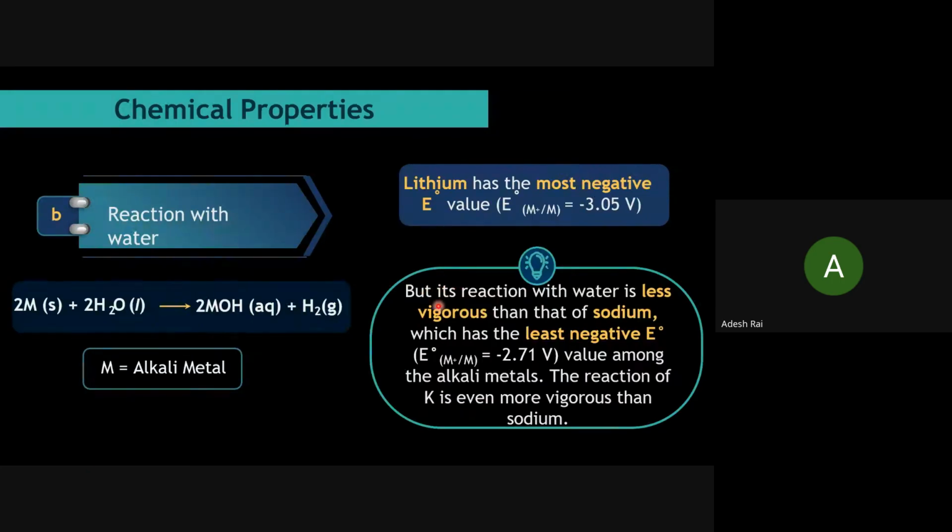But its reaction with water is less vigorous than that of sodium, which has the least negative E naught value among the alkali metals. The reaction of K is even more vigorous than sodium. Now, sir, just now you told us that the higher the negative E naught value, the higher the reducing power and reactivity. Yes, it is.